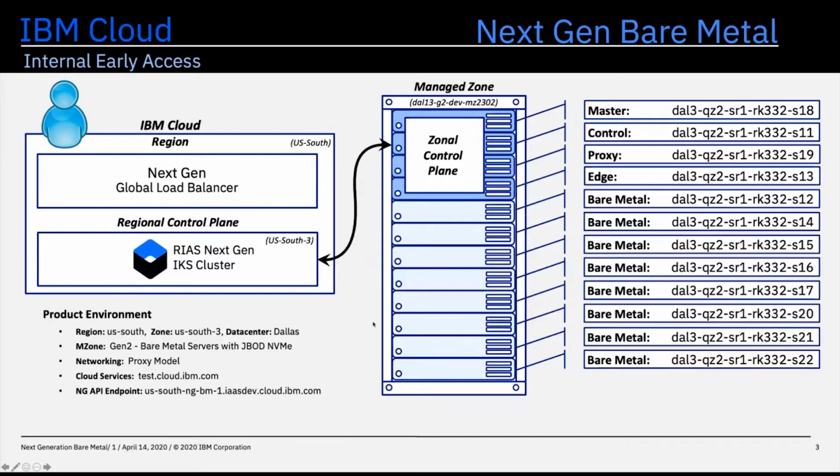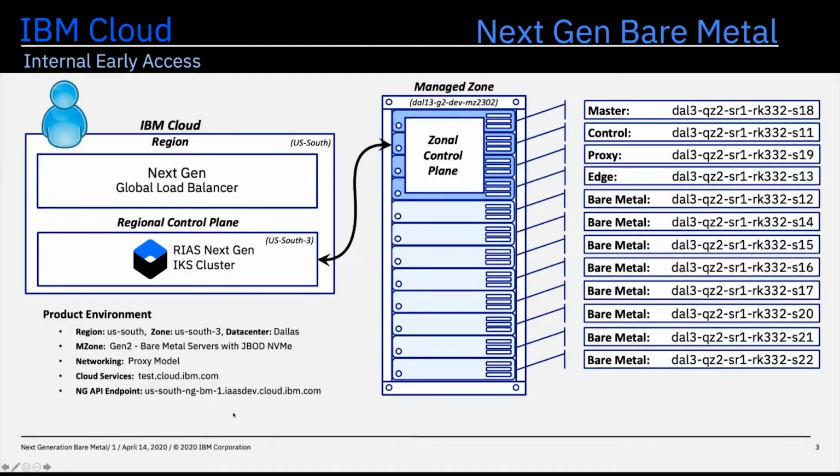An important thing to make sure that we really impress upon everyone is that it's an end-to-end deployment. We have RIAS up, running, configured. We address all of our life cycle and power operations using that CLI with a next-gen API endpoint that we have up and running.